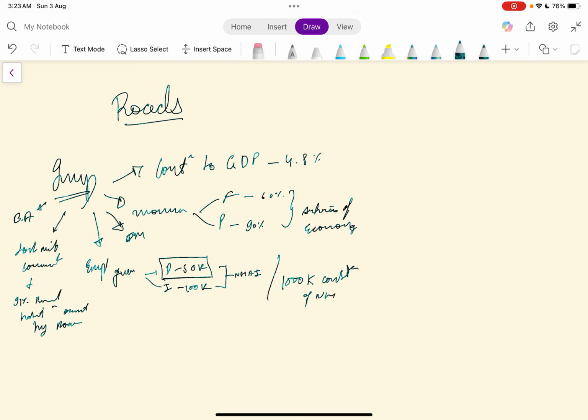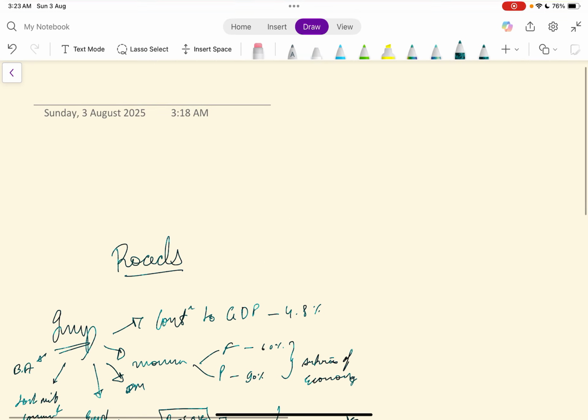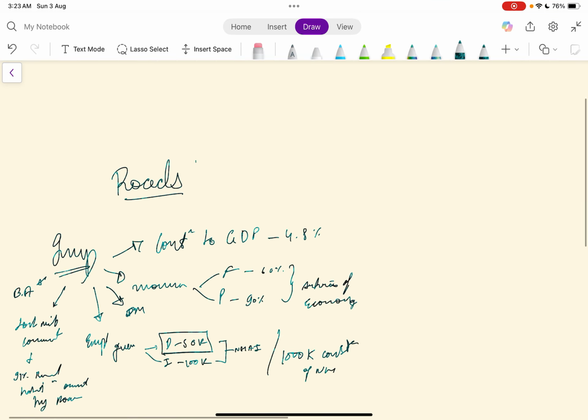Now what are the stats of the roads? Basically in India, we have a total road network of around 60 lakh kilometers. Out of this, national highways are 2.5%, state highways are 3%, and the highest proportion is rural roads, about 70%.